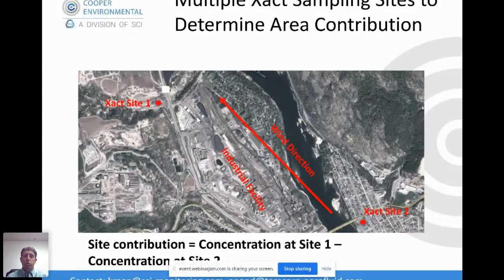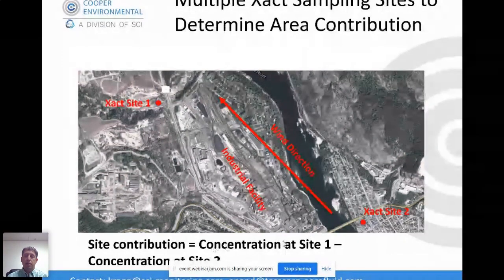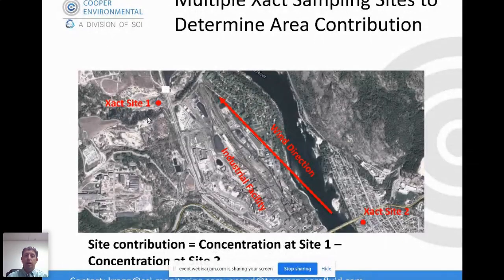You have 2 Xact monitoring sites: the upwind location, Xact Site 2, and the downwind location, Xact Site 1. You can begin to understand the facility's contribution to the measured concentrations by simply subtracting Site 1 from Site 2.